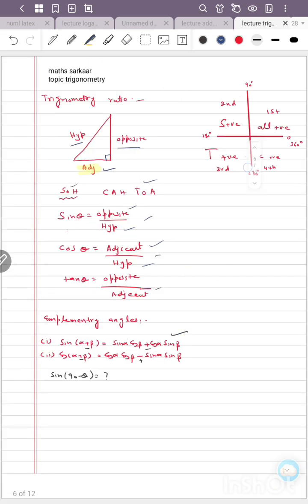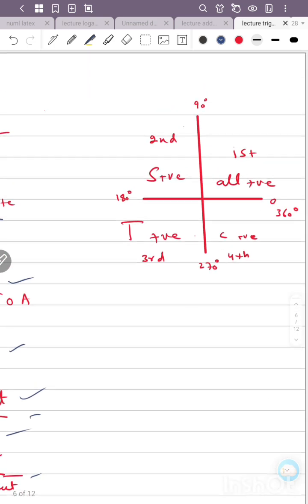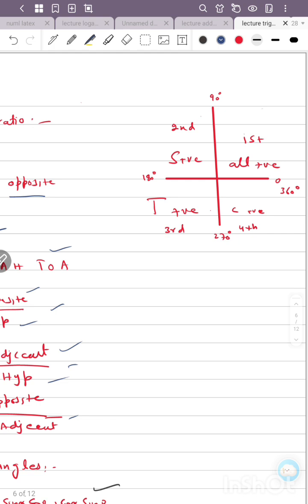Similarly, we have to discuss a very important rule, a table. I have to zoom it. Okay, dear friends, this is our first quadrant, this will be our second quadrant, this will be our third quadrant, and this will be our fourth quadrant.